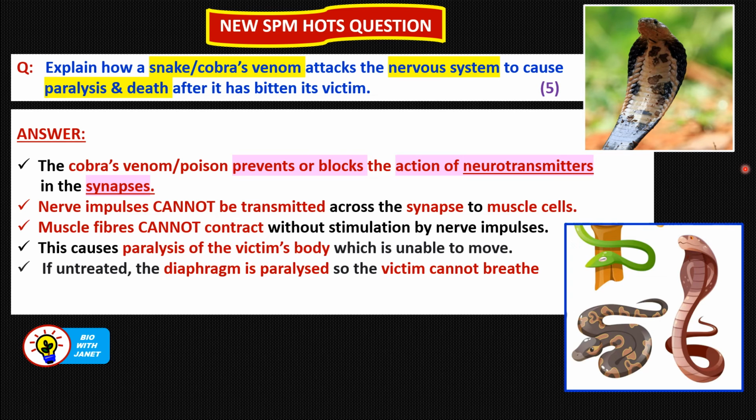And if untreated, the diaphragm in the body, which is needed for the breathing mechanism, will be paralyzed. So it will be unable to help carry out the mechanism of breathing, where it contracts and relaxes. So the victim will not be able to breathe and will finally die.